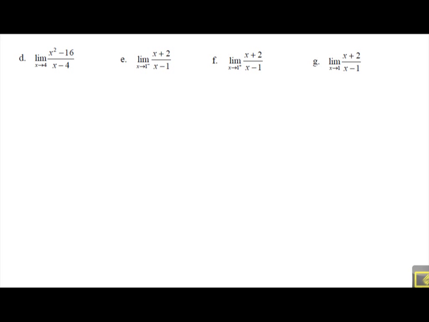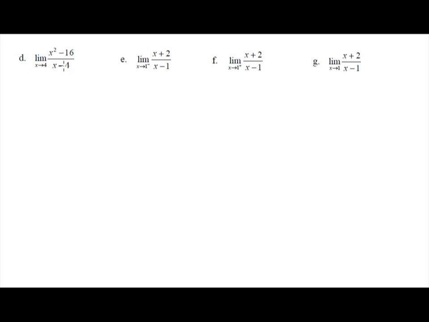Okay, so this video will show you more examples on finding limits. The first one in our set of exercises is we want to find the limit of x squared minus 16 over x minus 4 as x approaches 4.